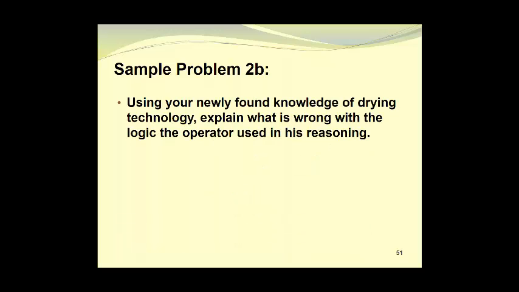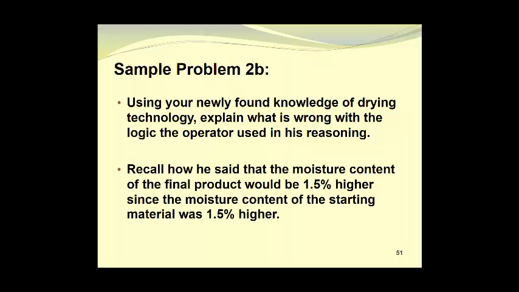Now let's add another part to this problem. Using your newly found knowledge of drying technology, explain what is wrong with the logic that the operator has used in his reasoning. You will recall how he said the moisture content of the final product would be 1.5% higher since the moisture content of the starting material was 1.5% higher.